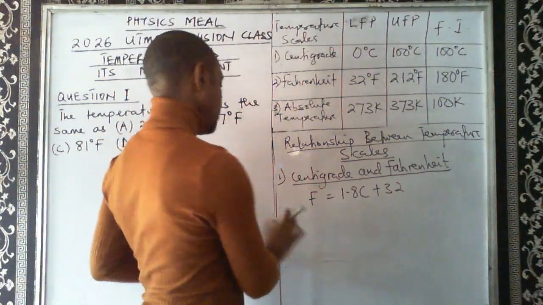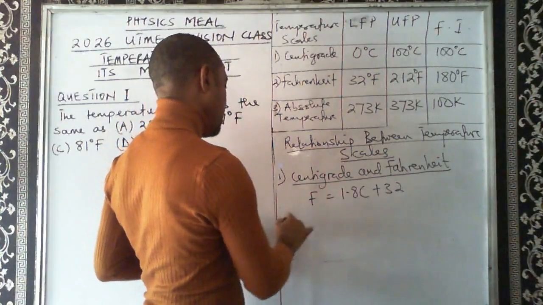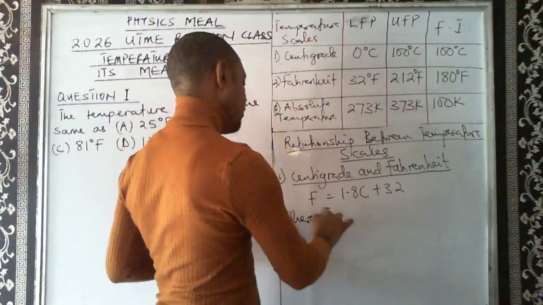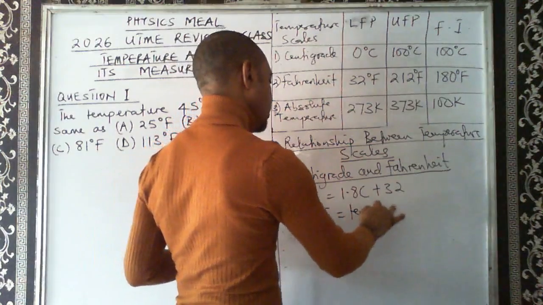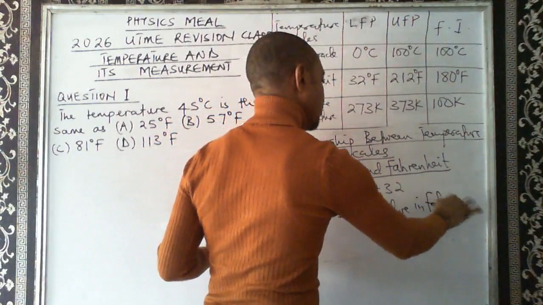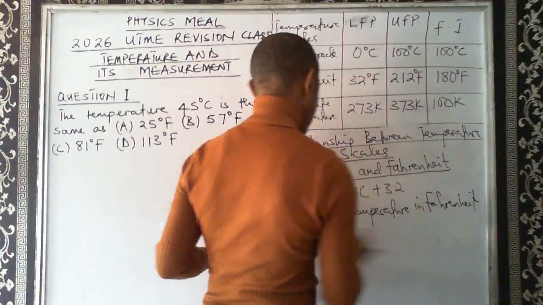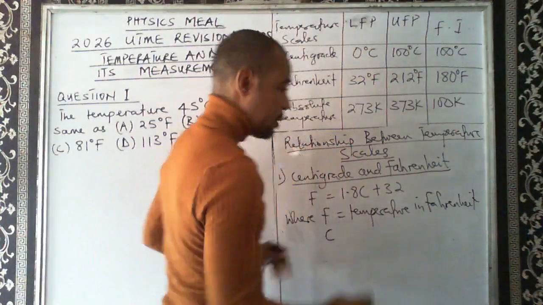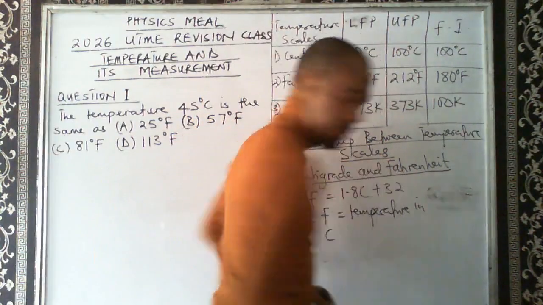Okay, so we can actually mention where F is temperature in degree Fahrenheit, and C is temperature in degree Celsius. You know, in physics it's important we define terms.